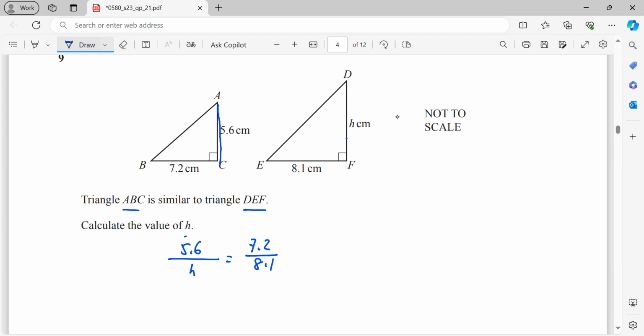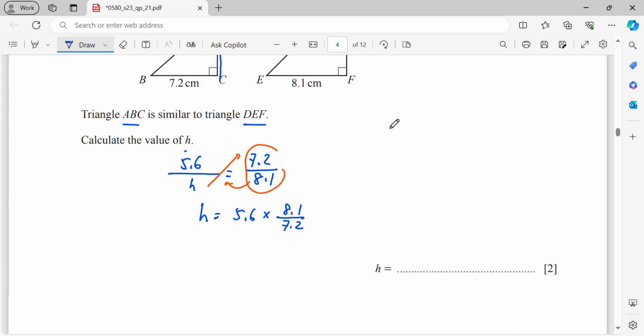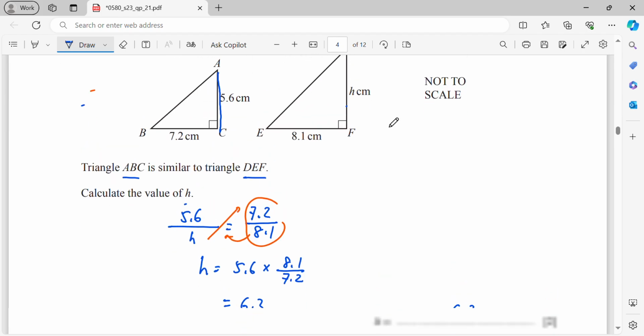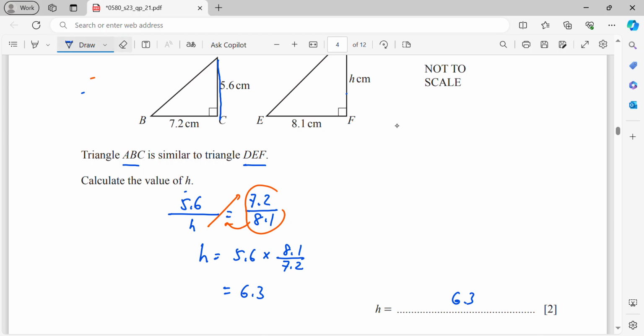Now to get h, move h up, then this whole term moves to the other side. When I move to the other side, you have to swap the numerator and denominator. So it will be 5.6 times 8.1 over 7.2. That is going to be 6.3. Okay, done for this question.